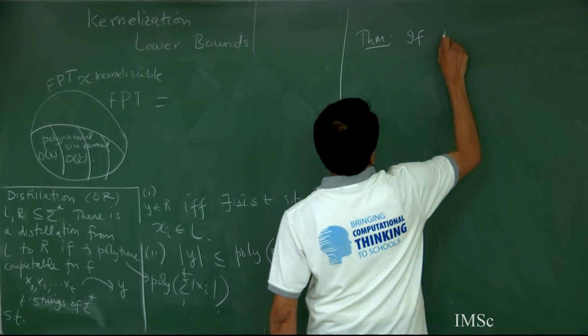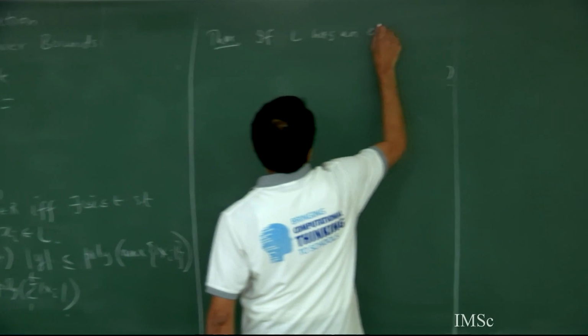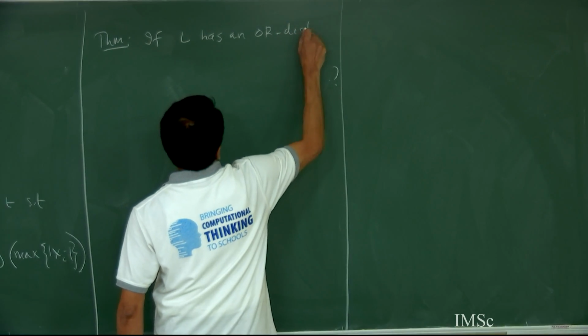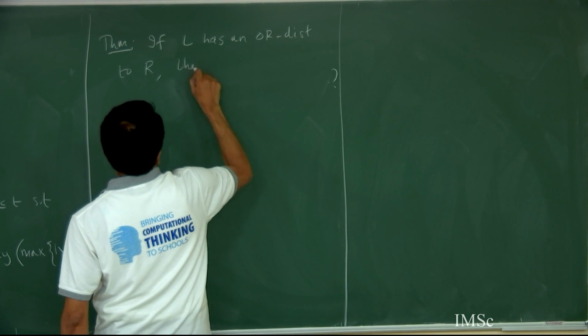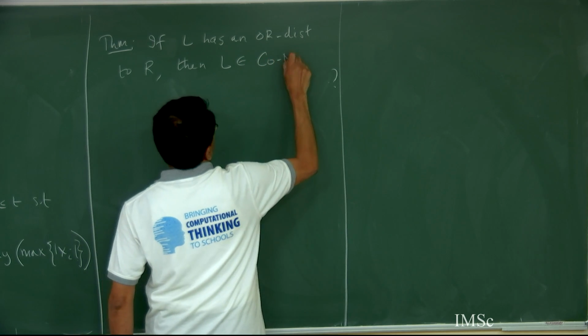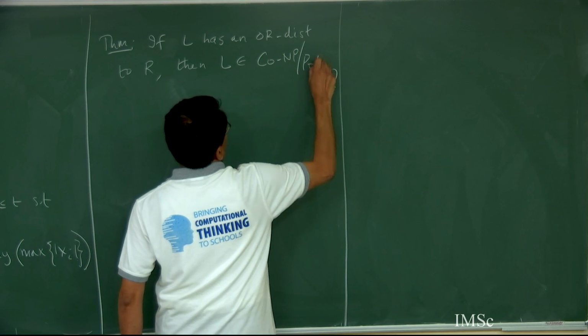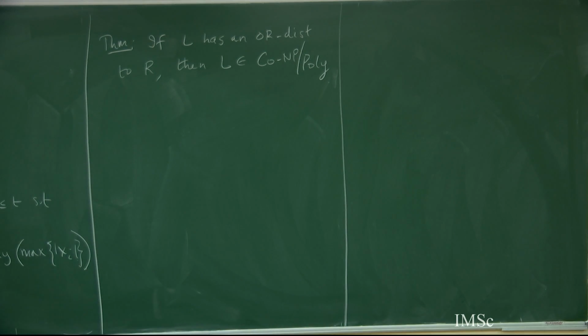If L has an OR distillation to R, then L is in co-NP slash poly. Again, if you do not know what these terms mean, do not worry about it. Just stay with me for another 10 minutes and we will change the language, maybe longer than 10 minutes.